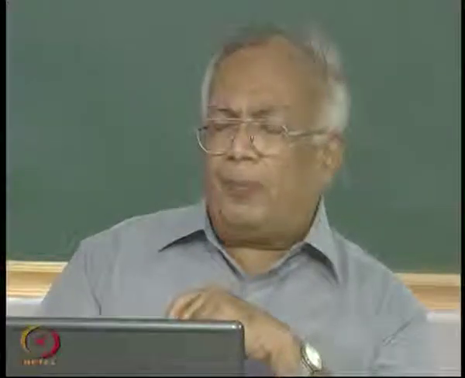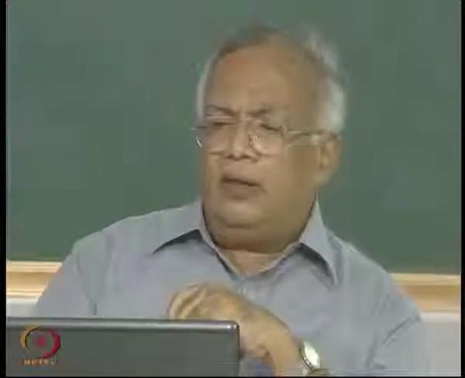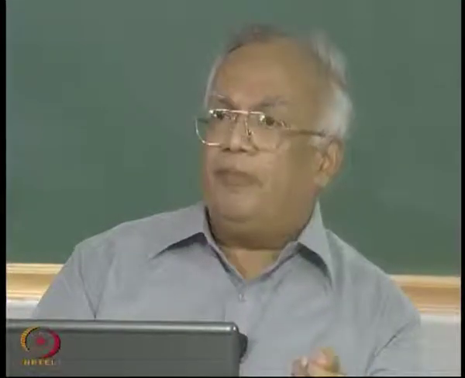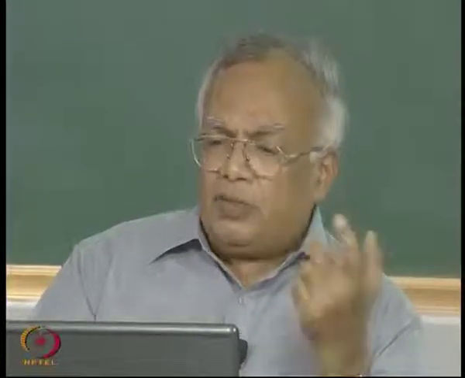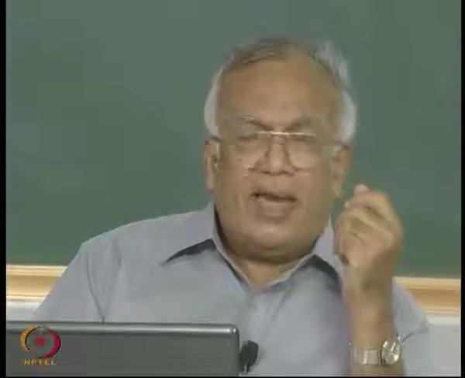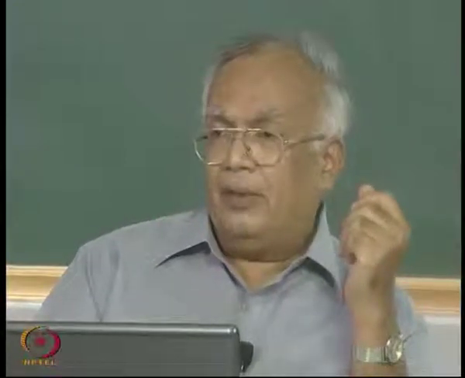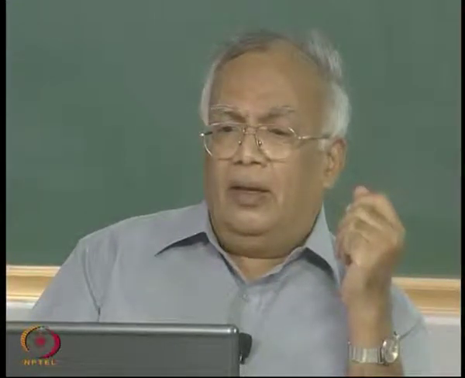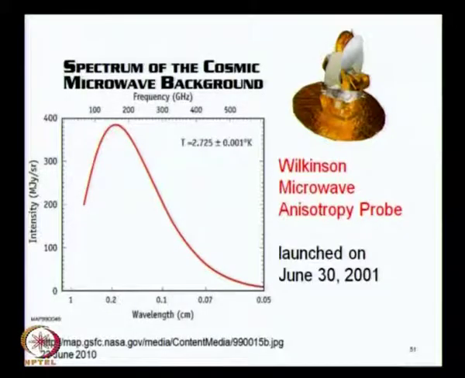So this is measurable, and this was measured first by a satellite called COBE, and then some further measurements were to be carried out, which are being carried out by a device called the Wilkinson Microwave Anisotropy Probe, the WMAP as it is called.